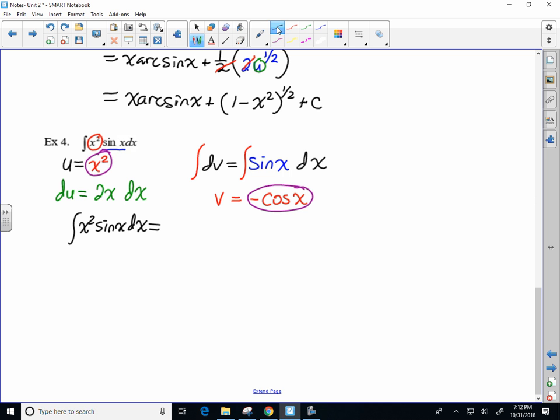So uv, so negative x squared cosine x minus the integral of v du. So that's going to be negative cosine x, and then du is a little bit more elaborate than it's been, times 2x dx.